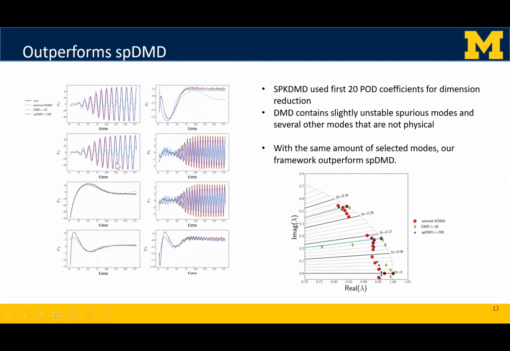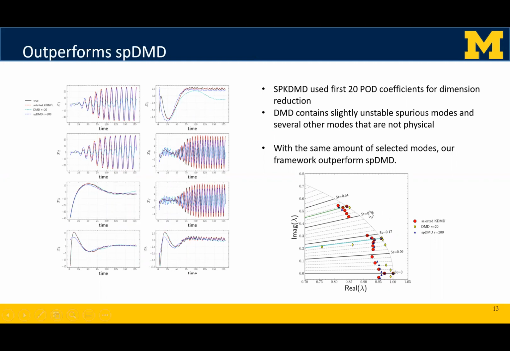To fairly compare against sparsity-promoting DMD, we first fit the standard DMD with 200 POD modes, then perform SPKDMD to truncate to the same number of modes as our algorithm has. One can see the blue lines corresponding to the SPKDMD, which perform worse than the red lines, which are our algorithm.